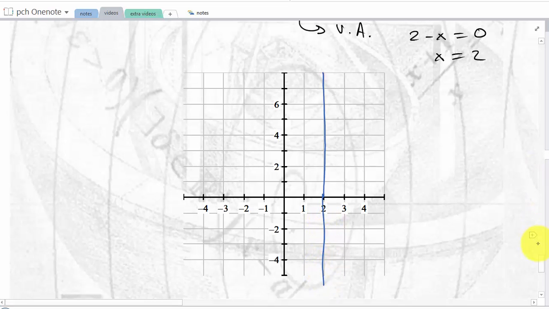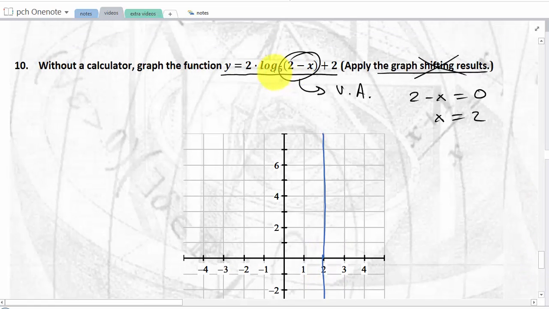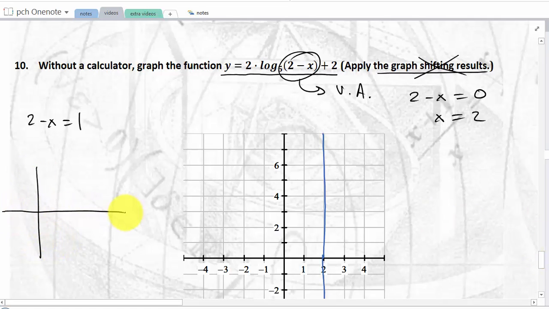And then I'm going to grab 2 points, okay? The first point is for 2 minus x equal to 1, right? You remember on the graph of a log, you want 2 points. The first one is when the input is 1, because the output is always 0. And the second one is when the input is the base, okay? Because the output is always 1, right?